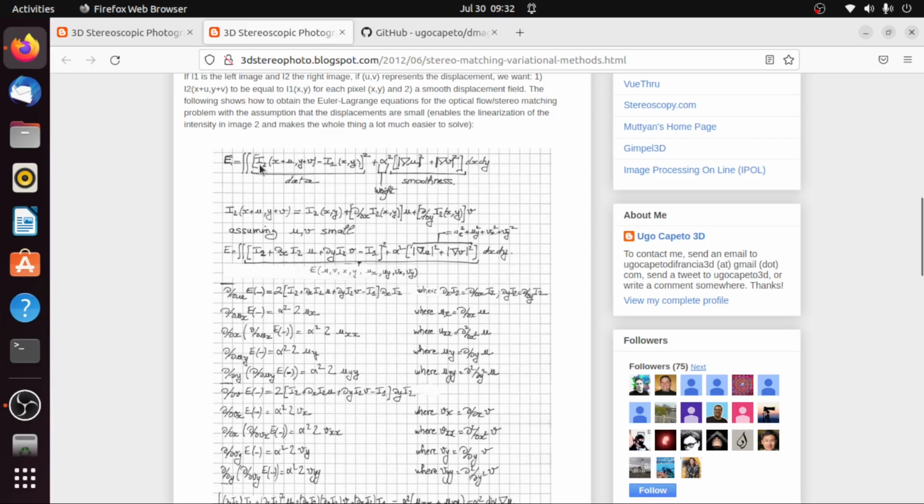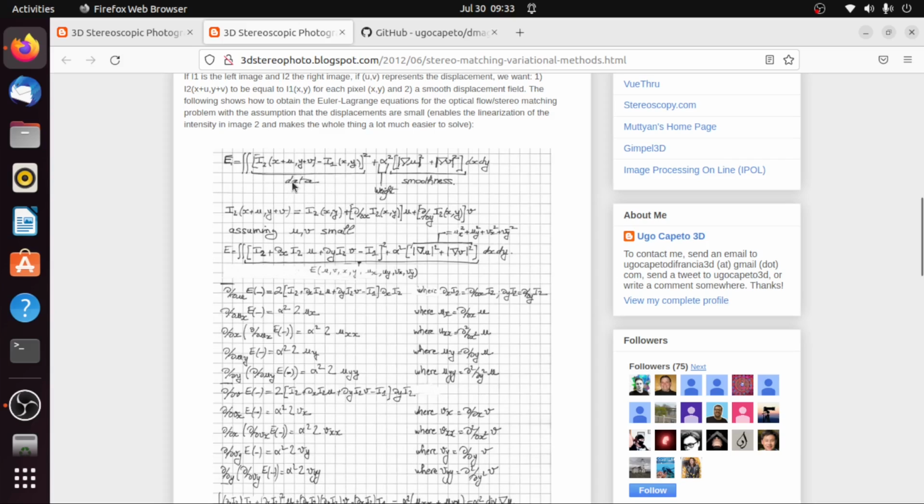Let's say you have two images and you transform them into grayscale, then I1 and I2 are the intensities. It's varying between 0 and 255, 0 being black, 255 being white. So it's the grayscale value. If you're looking at stereo matching, I1 would be the left image, and I2 would be the right image.